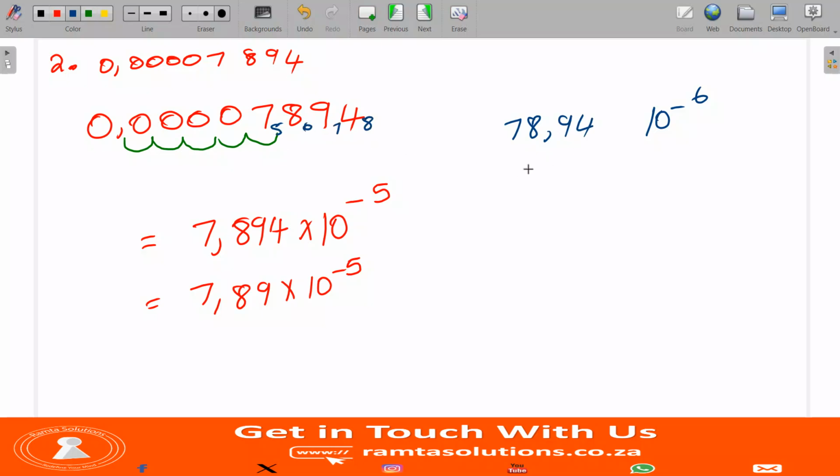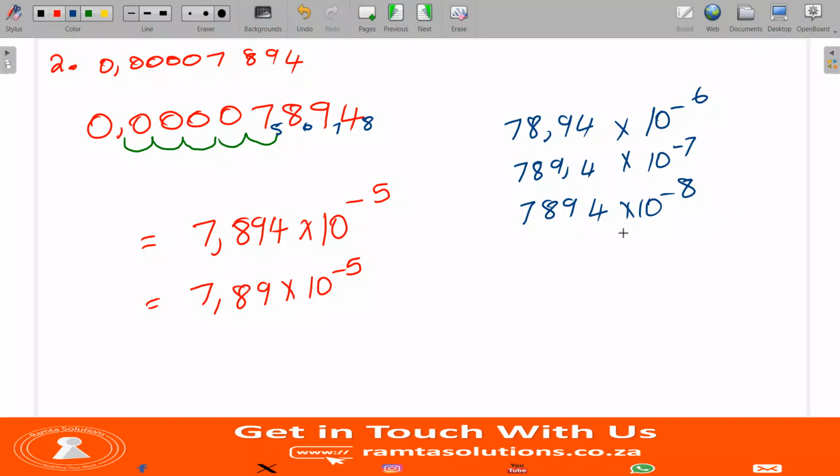Now it'll be 789.4 times 10 to the 7. Now let's move 8 places. It'll be 7,894 times 10 to the negative 8.